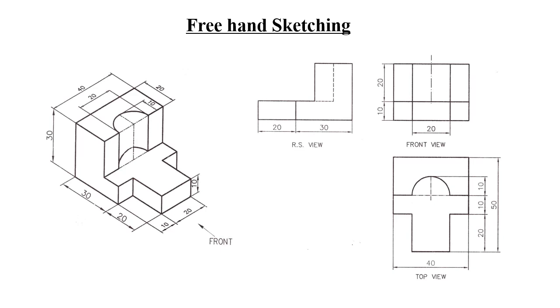So in this example you can see another block is given. This one is slightly complicated. You have curves in the solid. So how do you go about this? Same way, look for the arrowhead that gives the front view direction.